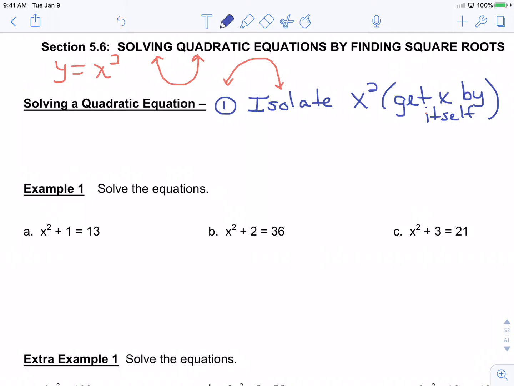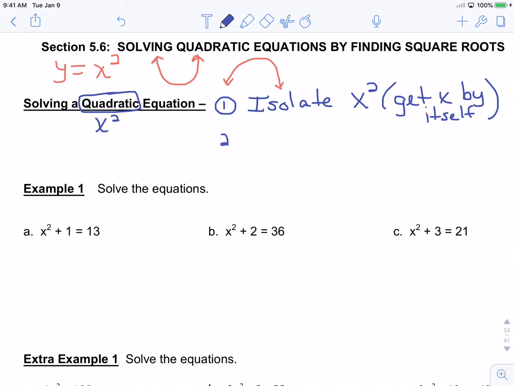So instead of just having an x, a quadratic equation has an x squared. That's what makes it quadratic. So we no longer will just have x, but now we have the x squared. So we're still going to talk about solving for x in the same way that we would have solved before. So we're now solving for x squared, isolating it, getting it by itself.